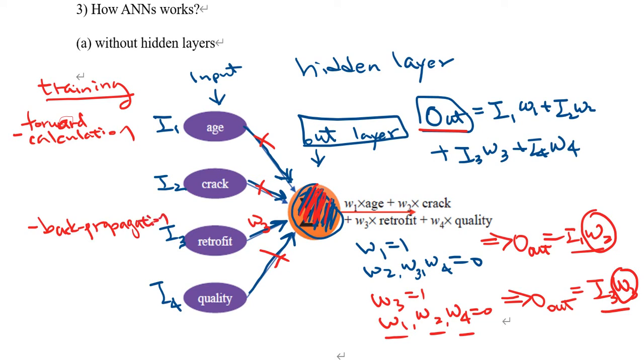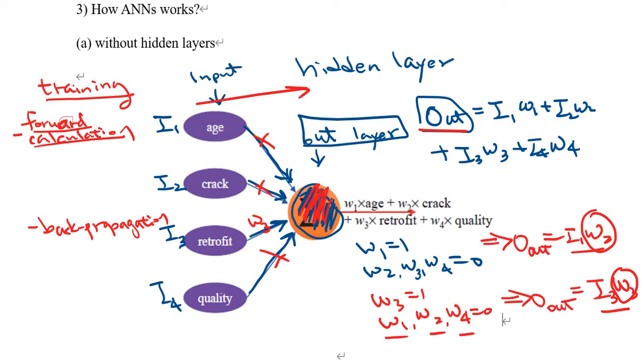The forward calculation is what you see right there. We just calculate from the input to the output all the way. In this case, just one simple step concludes the forward calculation, where you calculate the output parameter based on the input parameters and the corresponding weights.